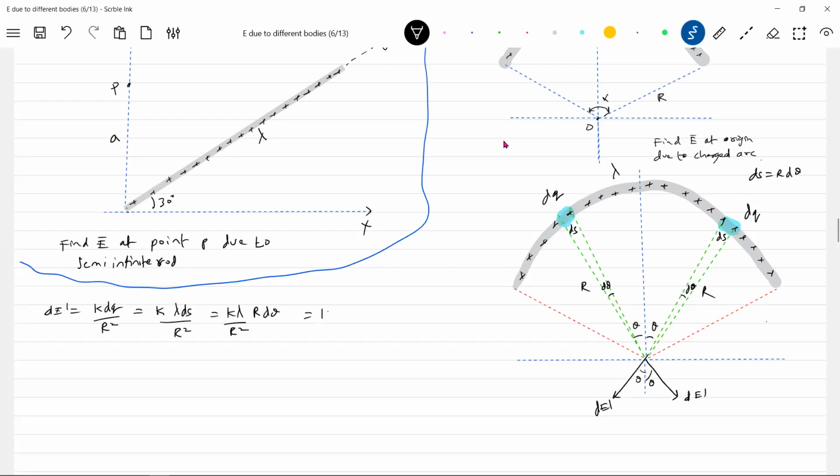So one r gets cancelled: k lambda by r, d theta. Now, what is the resultant field? The resultant field should be equal to 2 dE dash cos theta, which is 2 K lambda by r cos theta d theta.